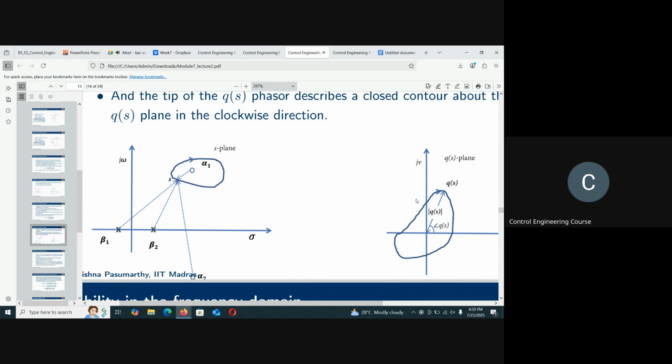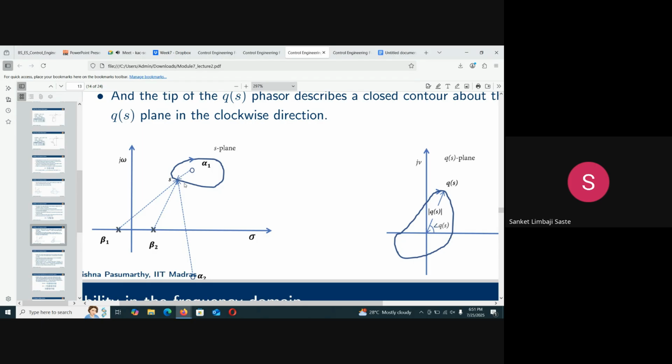Look at this. Are you able to see my mouse? Yes, sir. This entire arrow is S minus alpha. Now, as S moves around in this closed loop, this part connecting alpha 1 to S, which is S minus alpha, completes a full circuit around alpha.